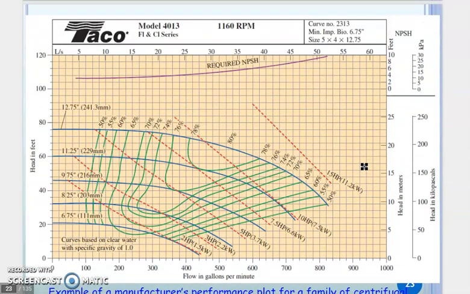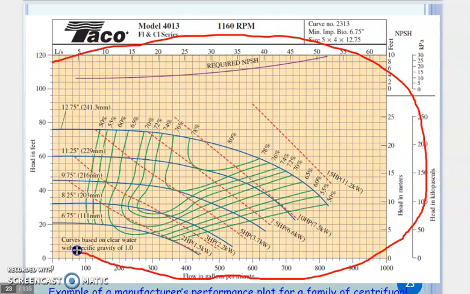Okay, when you become an engineer later, you're going to see this one in a catalog to select a pump. For example, your boss asks you to select a pump to supply oil from a certain position or certain refinery oil tank into another place.